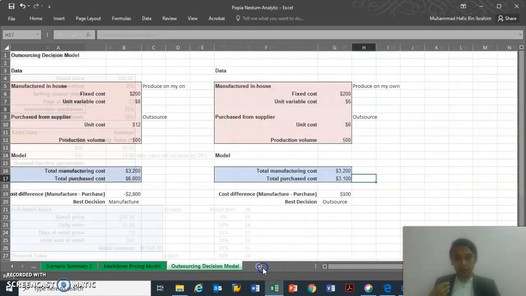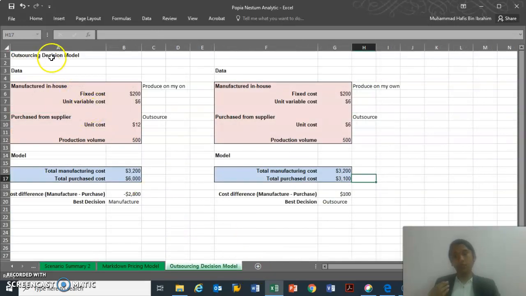So the last part is the outsourcing decision model. This one is manufactured in-house, which is I produce on my own, and this one is purchased from a supplier. My fixed cost is 200 ringgit. My unit variable cost is 6 ringgit.